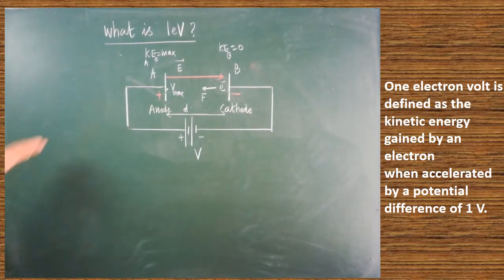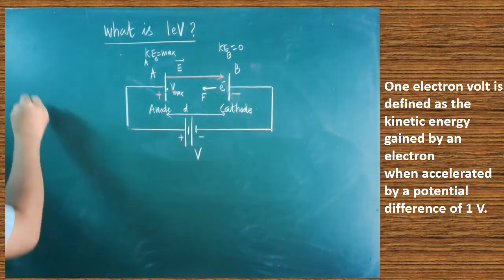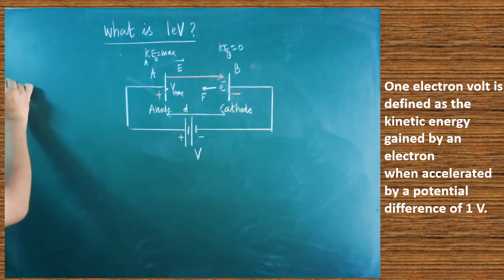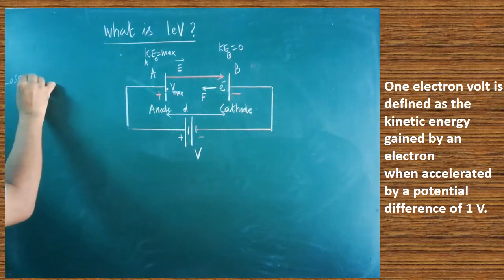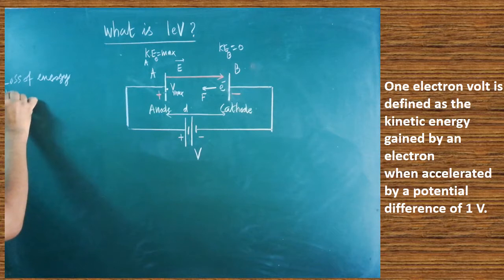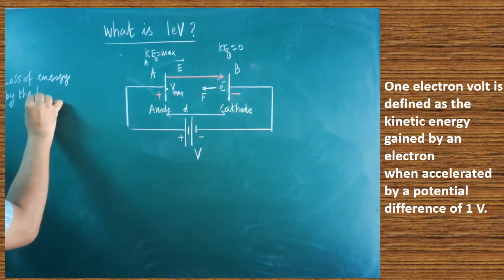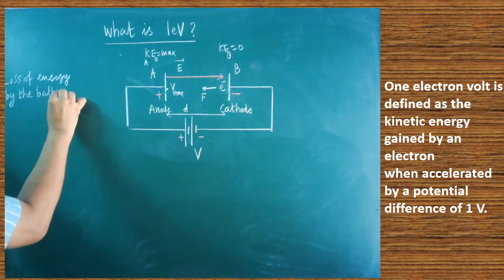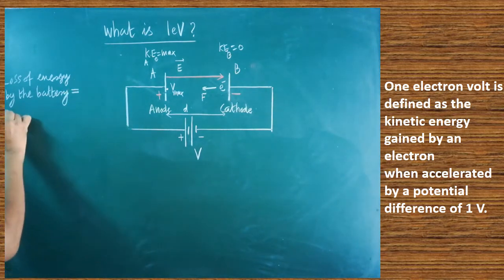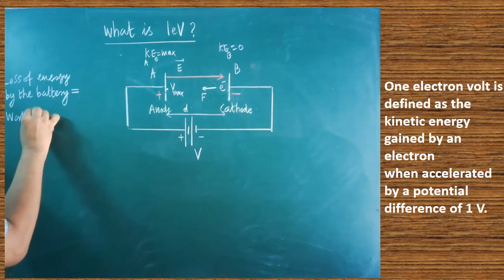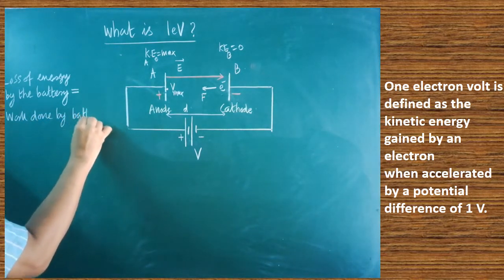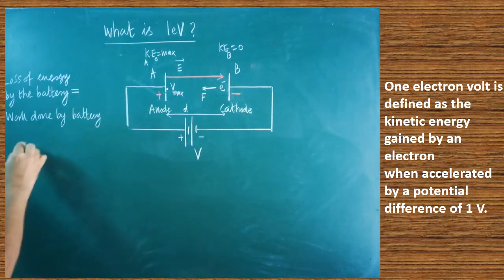Now I will continue the remaining part of the derivation here. The battery has lost an amount of energy. The loss of energy by the battery or cell is equal to the work done by the battery. Already we have derived the expression for work done by the battery.